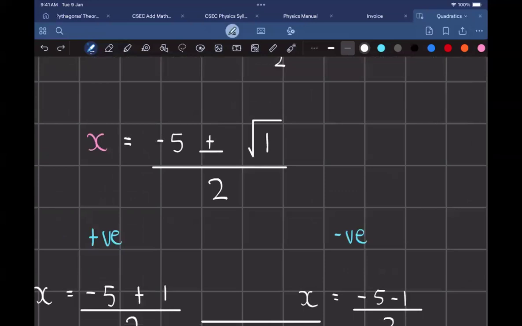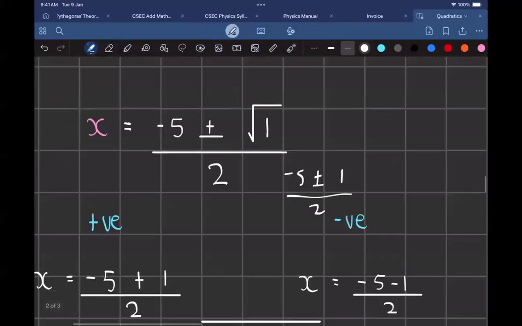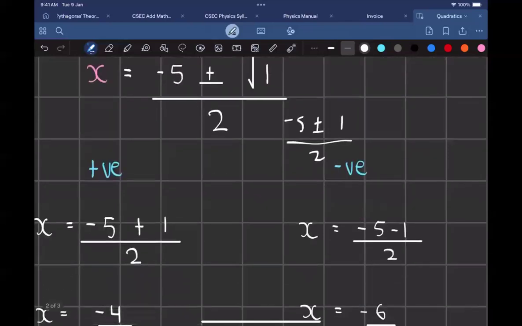Right. So Aliyah, you're going to end up with -5 plus or minus 1 over 2. So you would have to either add 1 or -1. Right. And since you're adding 1 or minusing 1, that's how you get two different answers. You understand?